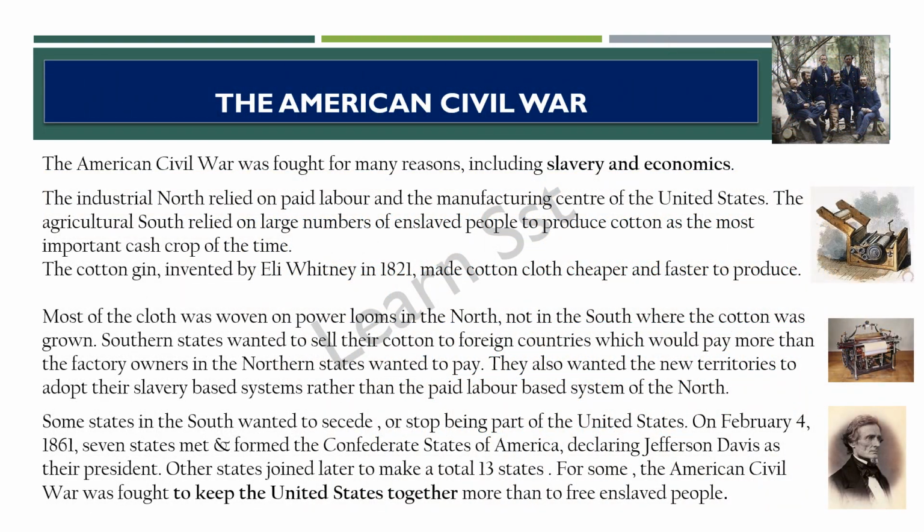The American Civil War. The American Civil War was fought for many reasons, including slavery and economics. The industrial North was dependent on paid labor and was the manufacturing center of the United States. The agricultural South relied on a large number of enslaved people to produce cotton as the most important cash crop of the time.